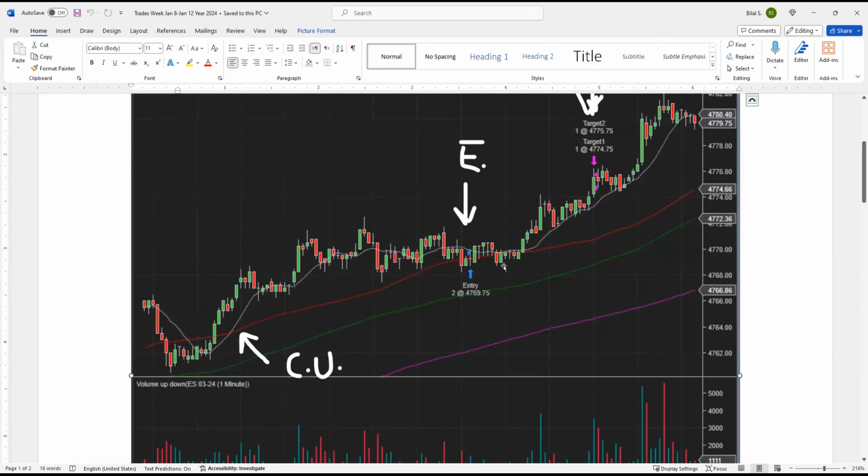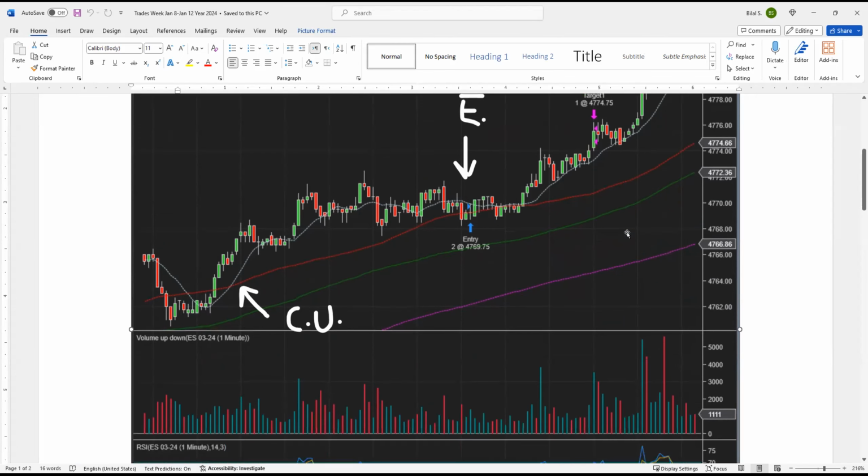So basically, I made my entry right over there, and it just kept going all the way to the target. My target was 5 to 6 points, which reached 15, 16. Nice, that was like a perfect setup and perfect execution.